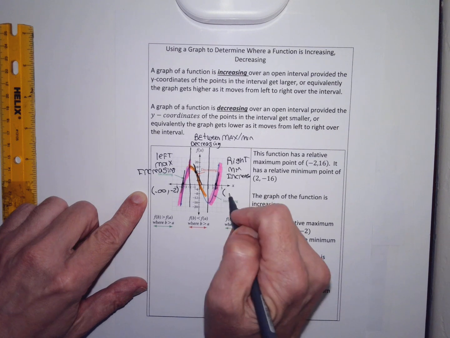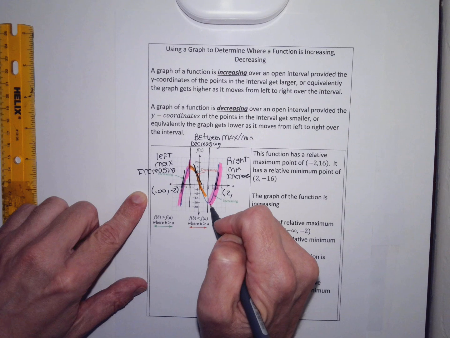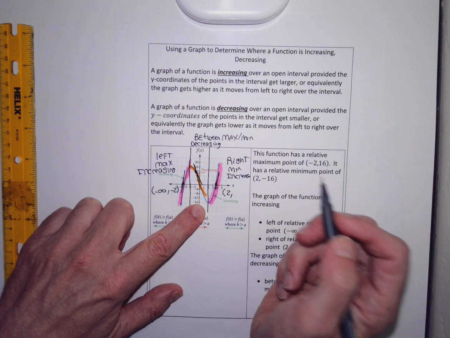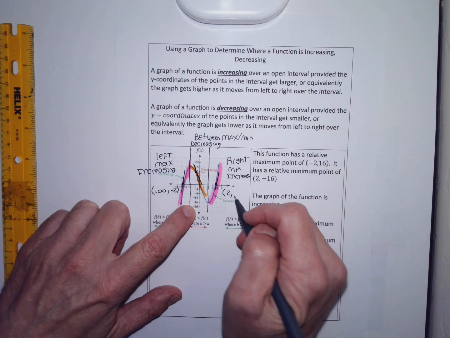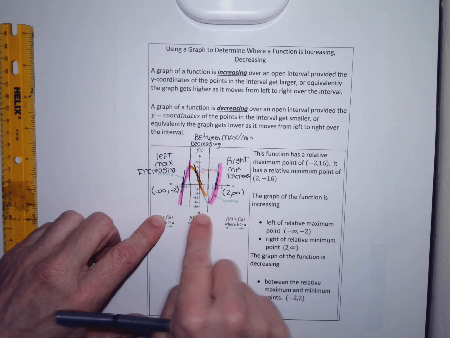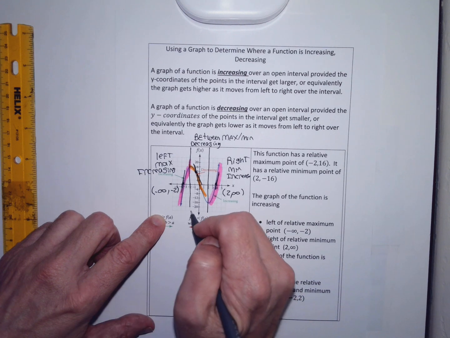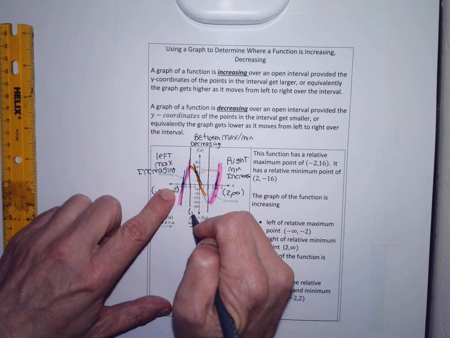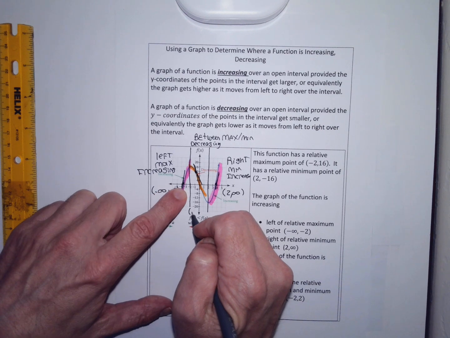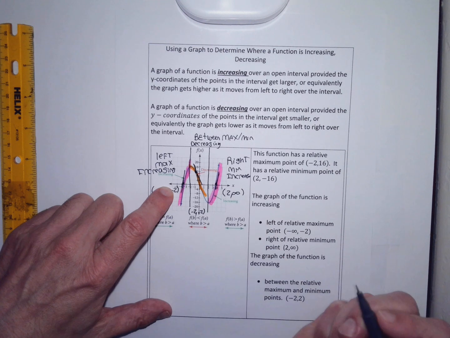The region of the graph to the right of the minimum point starts at the x-coordinate of the minimum point. I'm not really sure what the minimum point is. I guess I wrote them down here. But it starts at 2 and ends at infinity. And between the maximum and the minimum points, that interval is described from -2, the x-coordinate of the maximum point, comma 2, the x-coordinate of the minimum point.